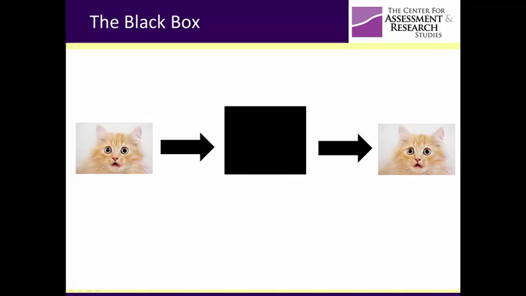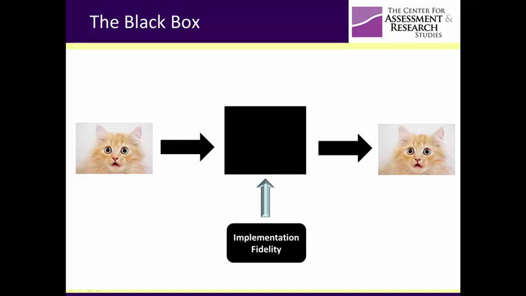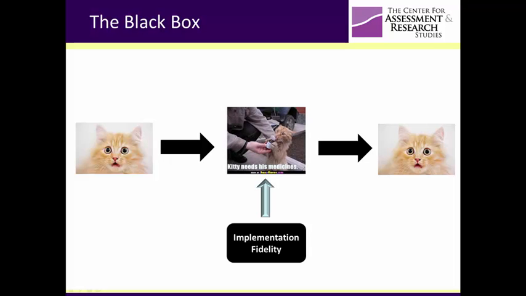That is basically the black box. Implementation fidelity assessment will probe this box to investigate what's happening at home. Did the kitty cat take the medicine as prescribed? Once we probe this box, we can see that sure enough, our kitty cat has in fact been taking the medicine as it was prescribed.